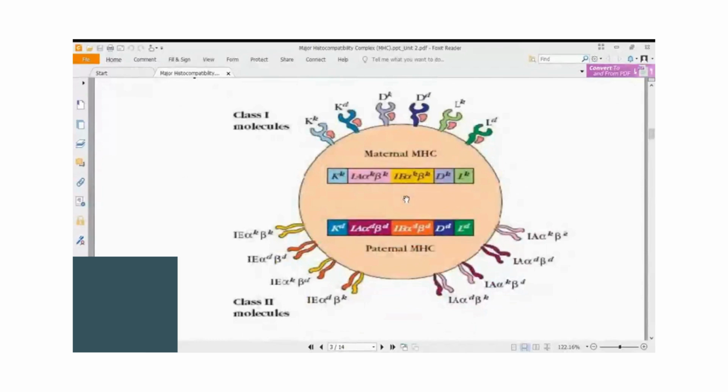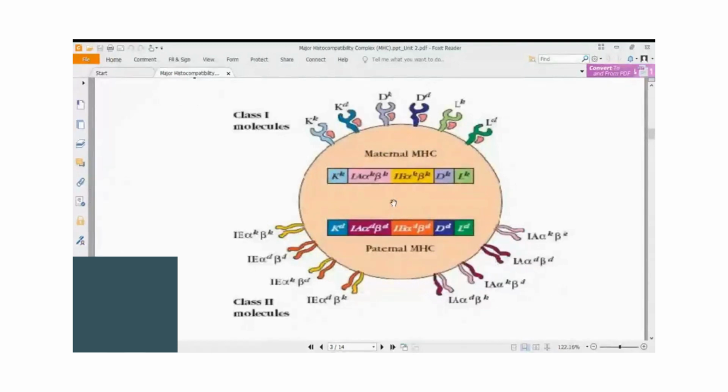All nucleated cells do not express class 2 MHC, but all nucleated cells express class 1 MHC, which is a must, it is a tissue marker. But antigen presenting cells have a special ability of expression of both class 1 as well as class 2. That is the special ability. And they are nucleated cells.